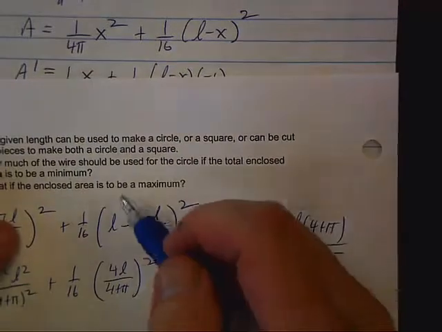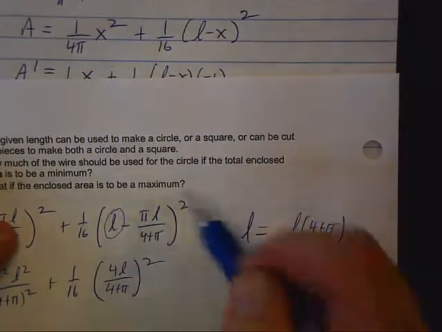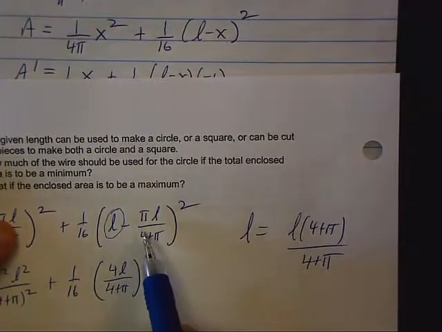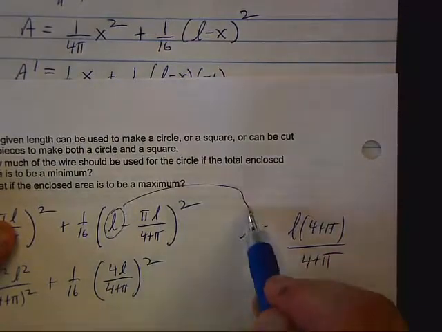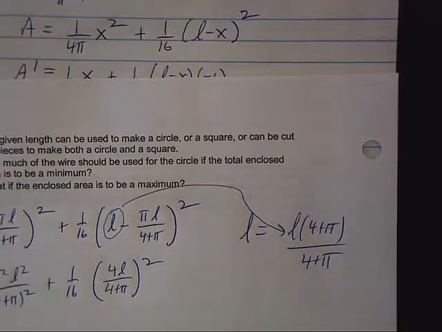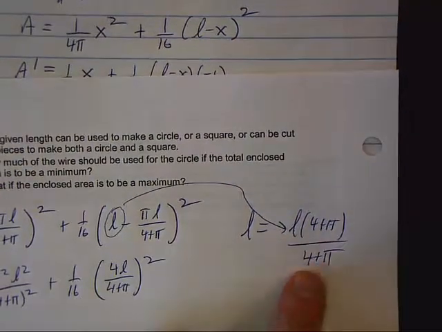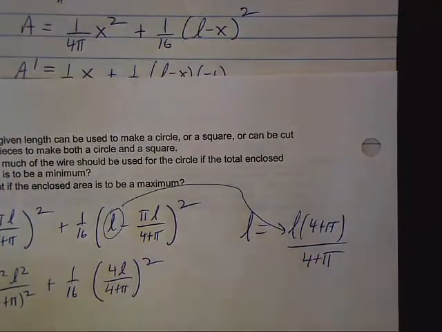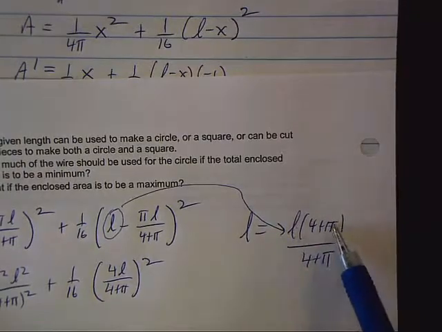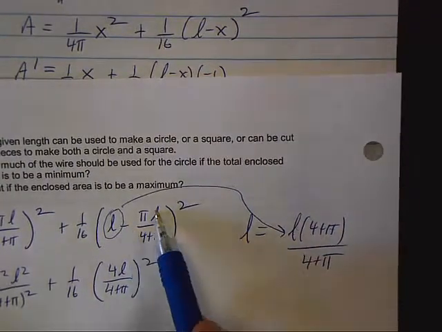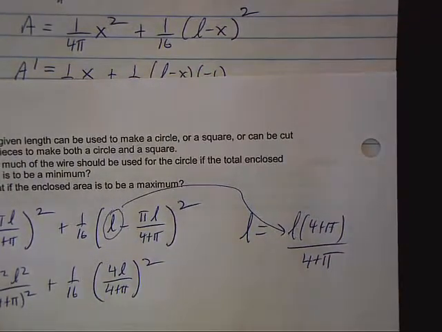All I did was take this L right here and combine it with this fraction. To do that, I needed a common denominator, so I'm thinking of L as L times 4 plus pi over 4 plus pi. When I multiply this L through, I have a pi L over here, but then a minus pi L, and those cancel out.